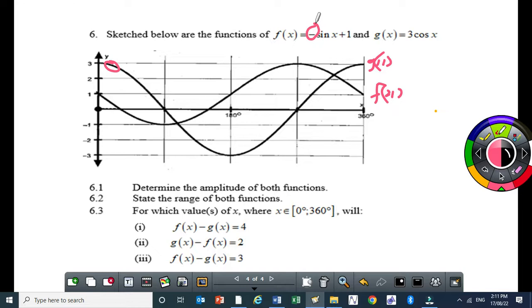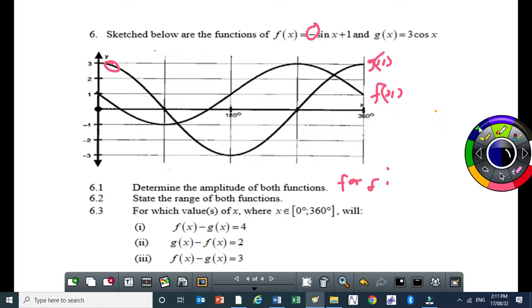Up. Okay, so determine the amplitude of both functions. It's always better to just identify the maximum and the minimum, but you can also get them from the equations. So for f, the amplitude, yes? When I calculated the amplitude for f, it gave me like a 2, right? No, the amplitude is a 1.